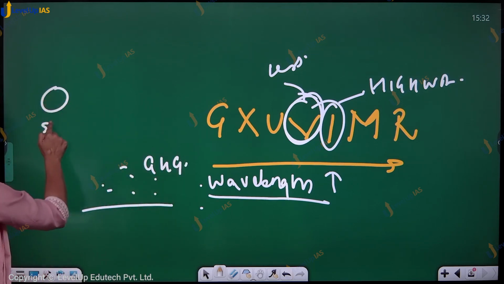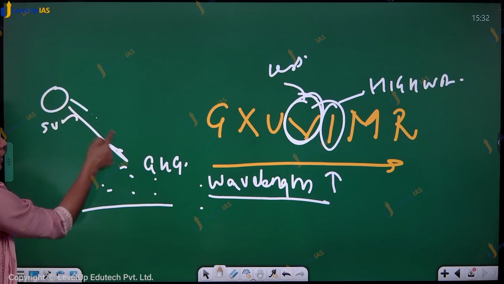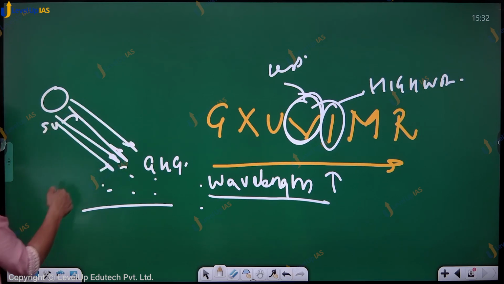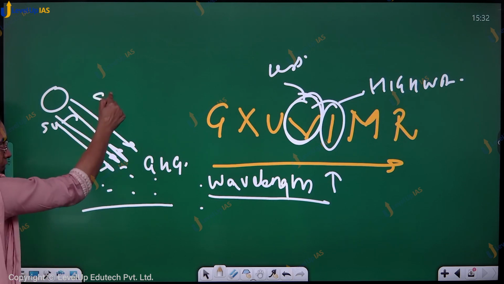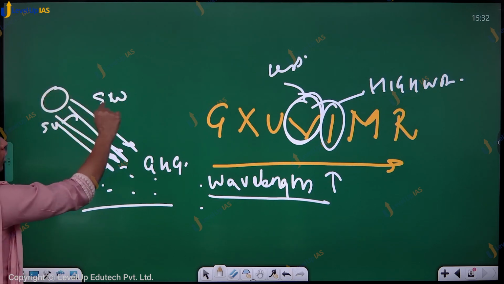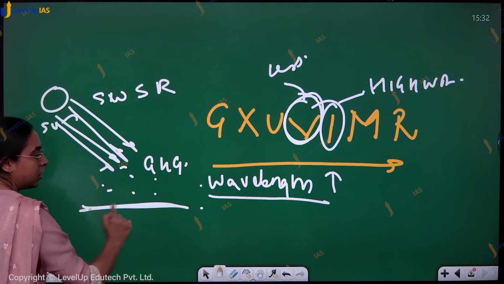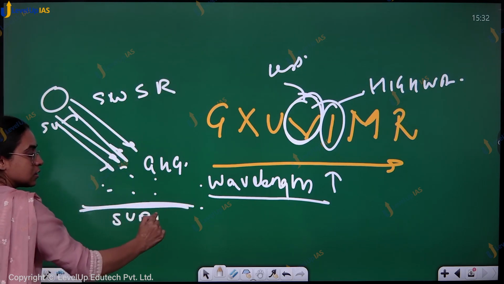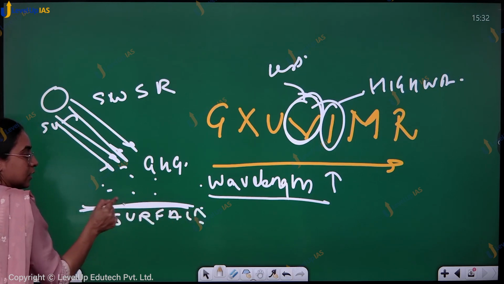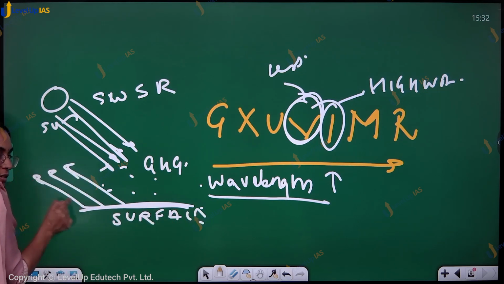Now you know that the atmosphere is transparent to the incoming solar radiation. It is transparent to short wave solar radiation. And this short wave solar radiation is absorbed by the Earth's surface. Now the Earth's surface radiates certain waves.